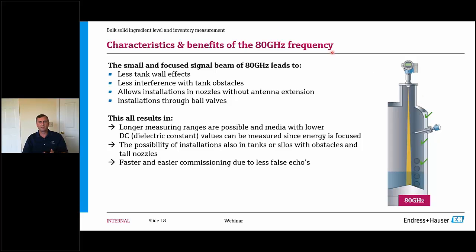But by using the higher frequency and narrow beam angle, we now have the possibility to go up through a taller nozzle. For liquid handling, we even go through ball valves, so you can shoot straight down through a ball valve and still get a good reading in liquid applications. That resulted in the possibility to measure in applications where in the past it was simply not possible.